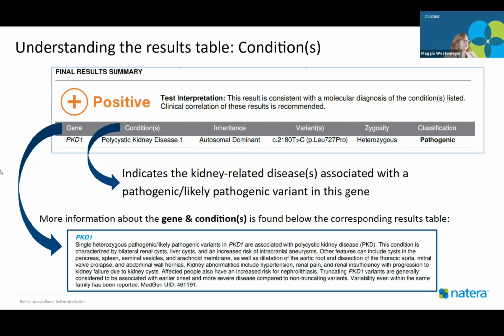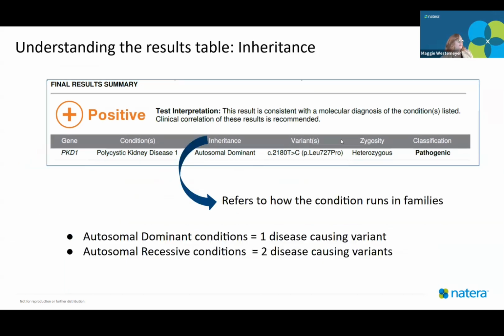And then the gene in question will be in blue text there, and that's the gene symbol. And then if there is more than one positive result, there will just be sequential information down the report about each of those positive findings.